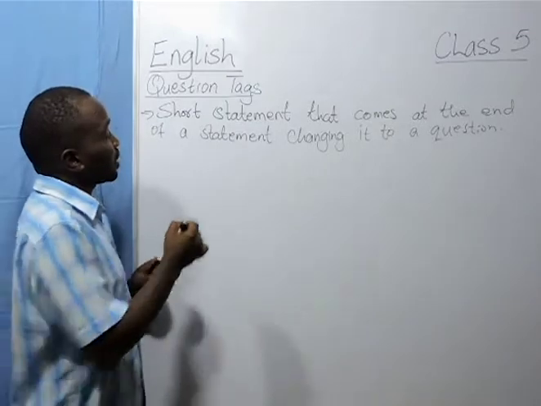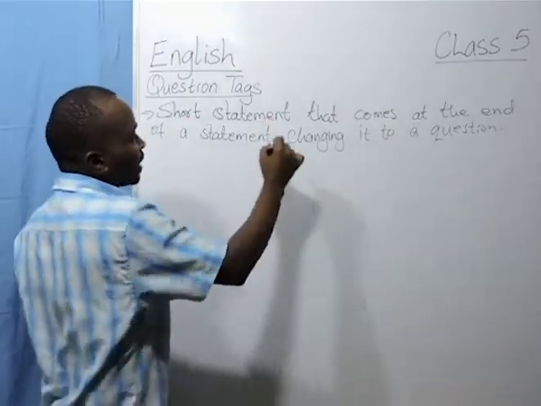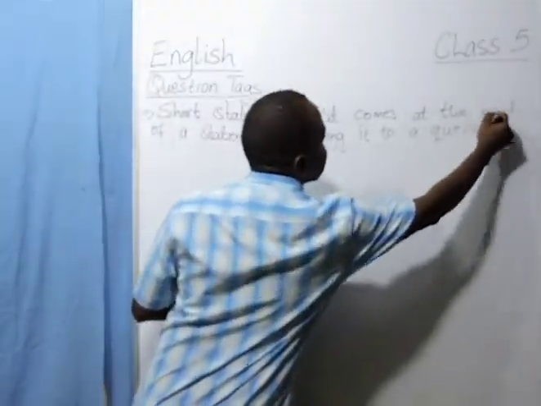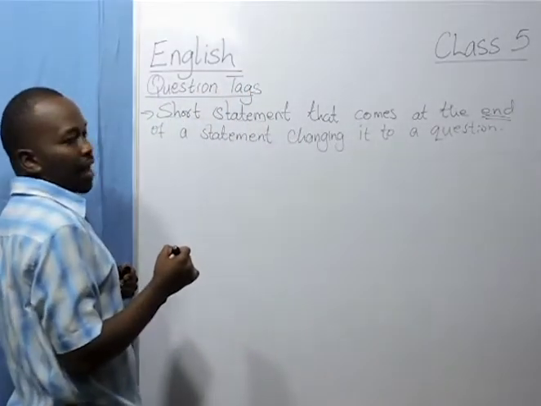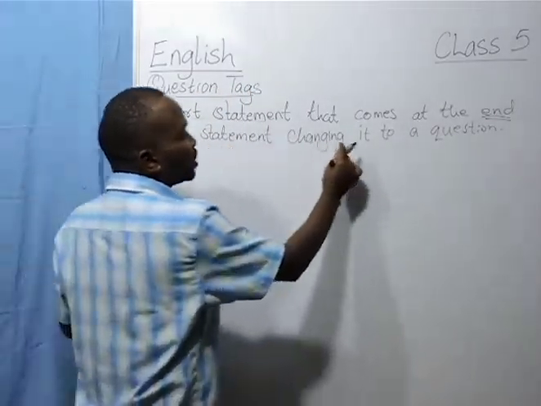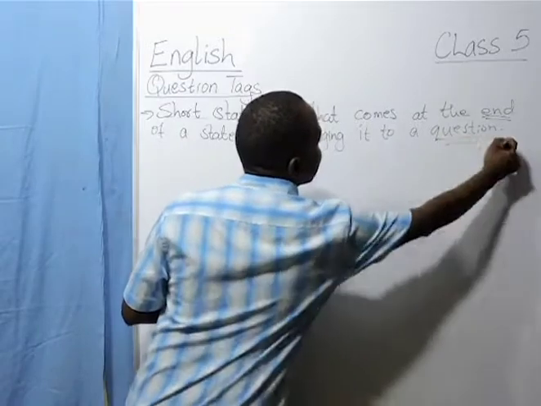So, a question tag is a short statement that comes at the end of a statement, changing it to a question.